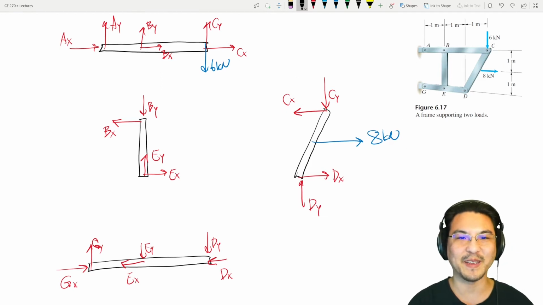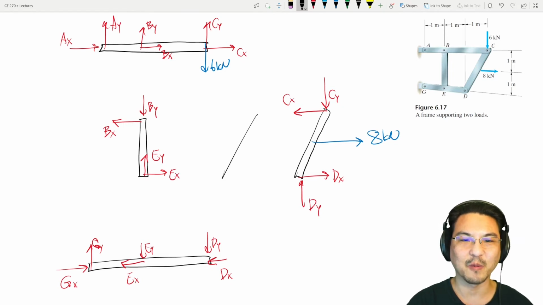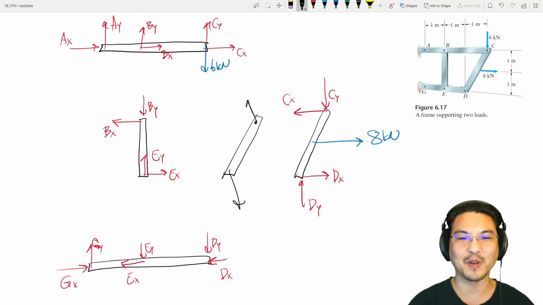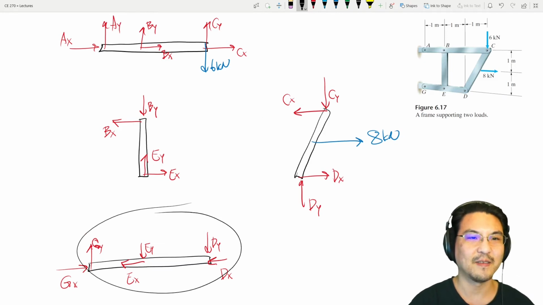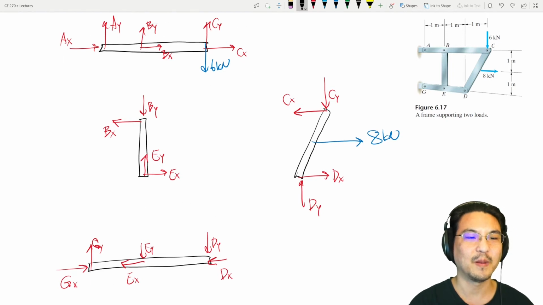You can't simplify it to a member where there are only 2 forces needed to describe. This is not, but this one is, right? There's only a force acting here and another one acting here.